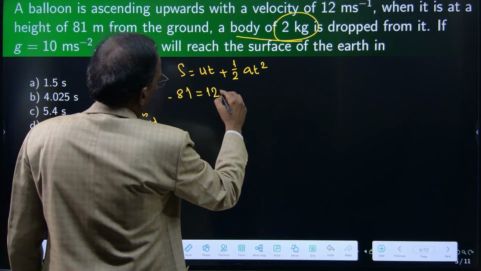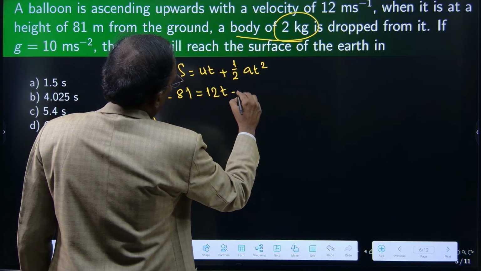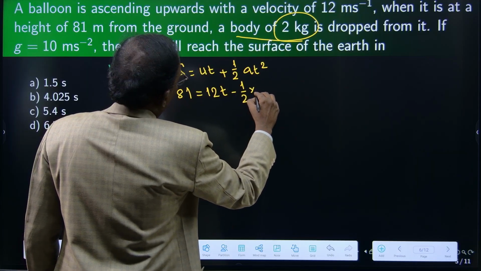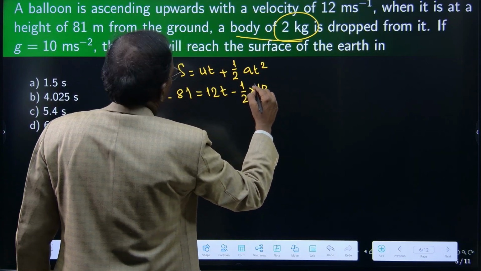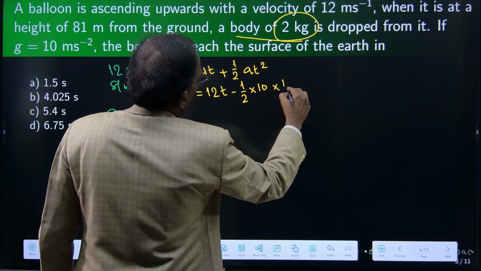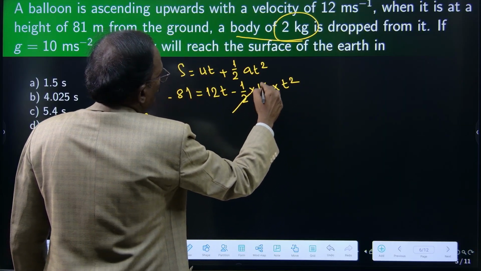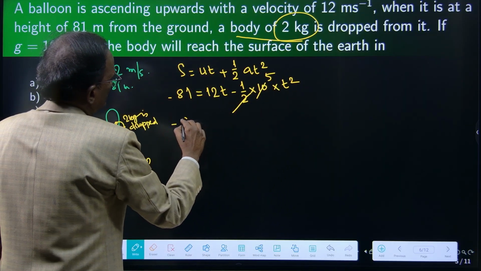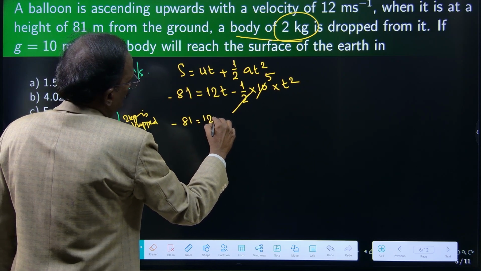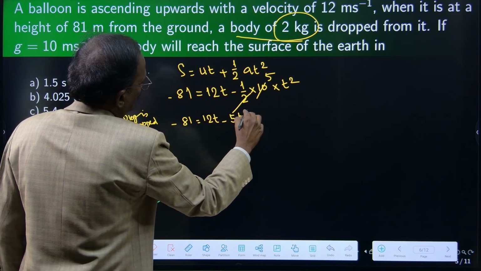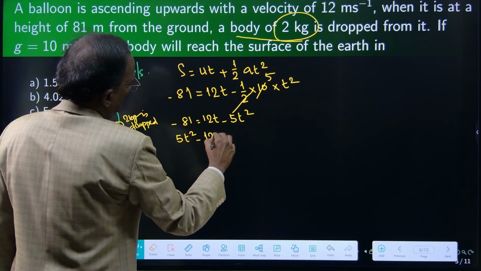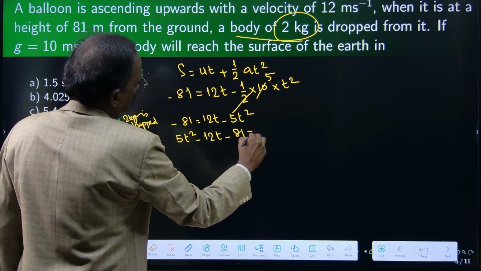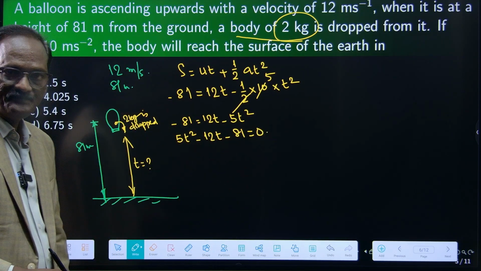T value is in question, minus half of A value, which is G equal to 10 meter per second square, into T square. So this is 5. Minus 81 is equal to 12T minus 5T square. 5T square minus 12T minus 81 is equal to 0.